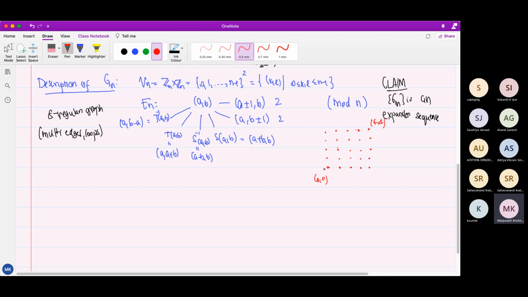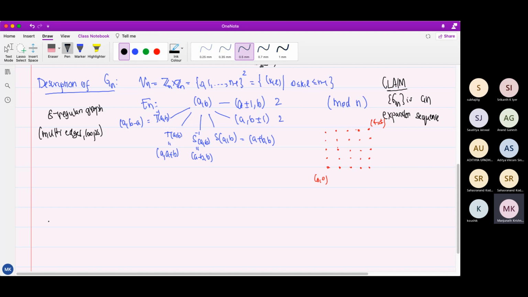You can always go from 0, 0 to 0, 1 and so on like this, and then you also can go vertically and come back. So everything is connected. It's a connected graph. Part of being an expander is that it has to be connected, otherwise lambda 2 would be 0. But connectedness is more direct.